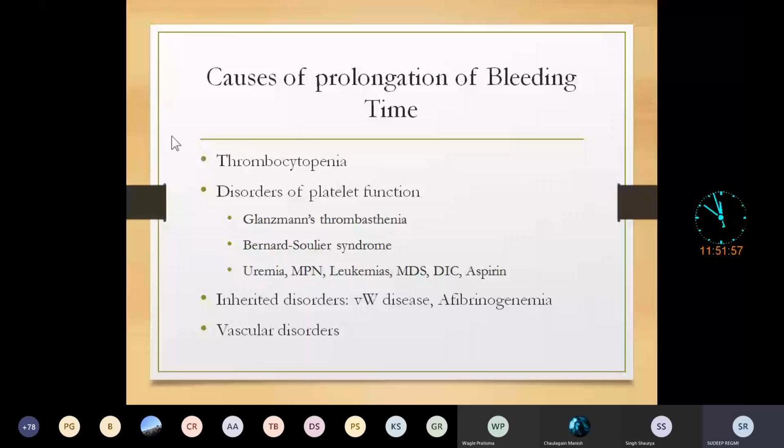Whenever there is thrombocytopenia, it will lead to increase in bleeding time. Or disorders of the platelets can be there, like Glanzmann's thrombasthenia, Bernard-Soulier syndrome, or uremia, myeloproliferative neoplasms, leukemias, myelodysplastic syndrome, disseminated intravascular coagulation, and aspirin.